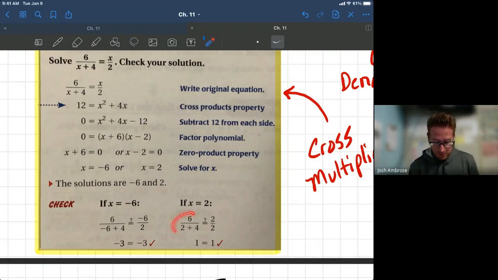When you plug it into one of those equations, you don't get the same number equals the same number, meaning it's extraneous, meaning it doesn't work. So don't include it in your final answer. All right, that's cross multiplication. Fraction equals fraction. Cross multiply. And when you have an expression, it's like you're distributing into the expression.